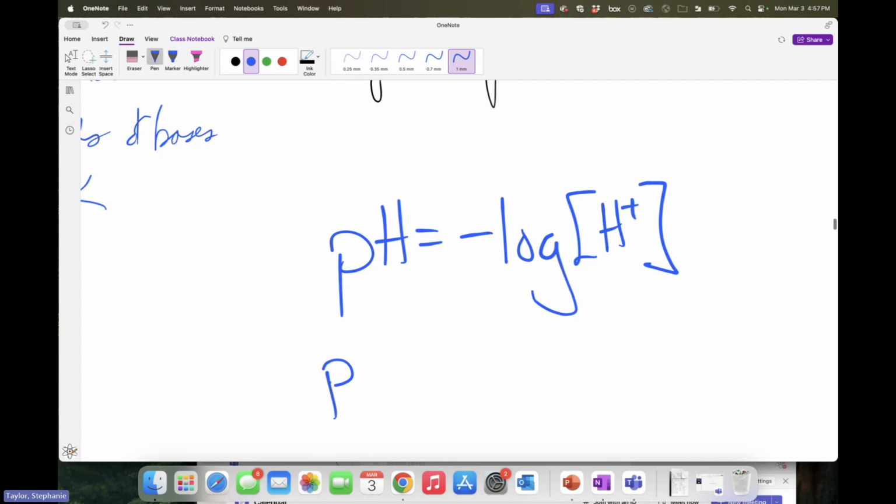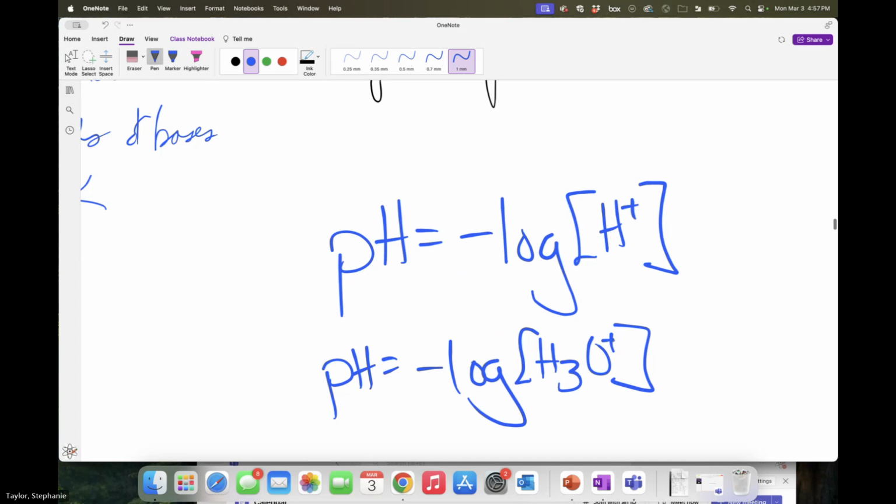Also, though, looks like this because we are going to be assuming that the proton is the same thing as a hydronium ion, because this is true as long as we are in aqueous conditions. As long as we're in acids and bases, we are in aqueous conditions. So you're going to see a proton interchangeably with a hydronium ion over and over again.